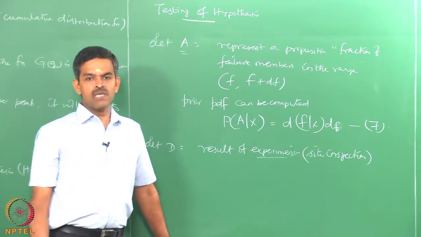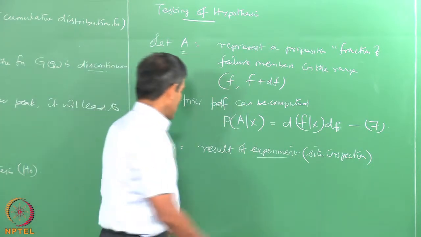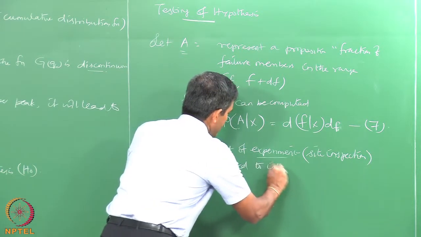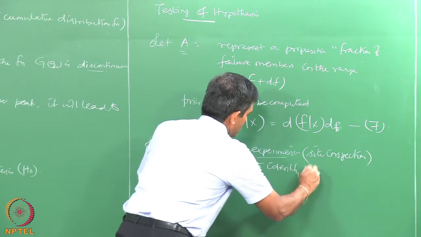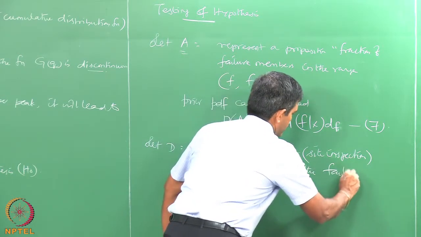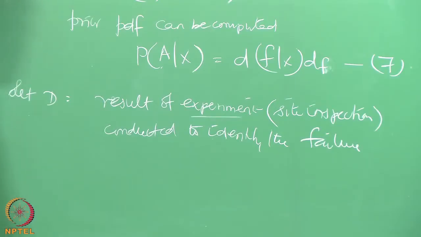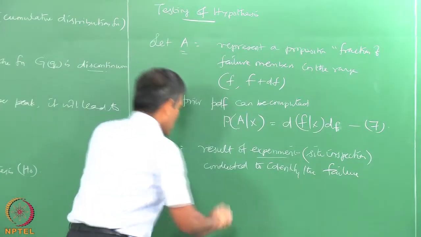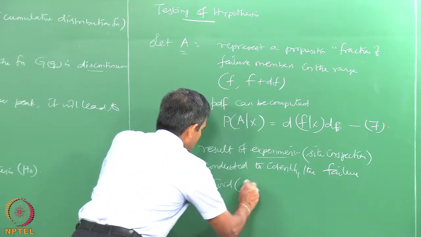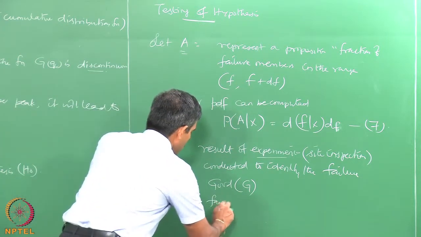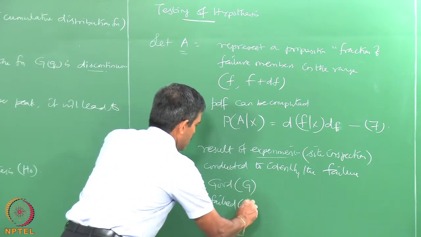Let D represent the results of these experiments conducted to identify the failure or to identify which is a failed member, which is a safe member. So, we say the good members or safe members are G and the bad members or failed members, let us say B.